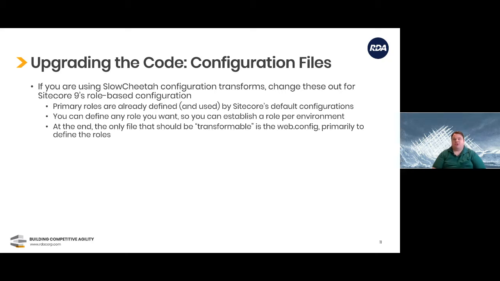The exception to the roles and the patch file world of config files is anything that's on the root of app config. I used to include connection string files. There were only 3 or 4 of them. Now the connection string file is huge. I recommend you do not include that. If you have custom databases, I would just apply them to each environment manually and do it that way.